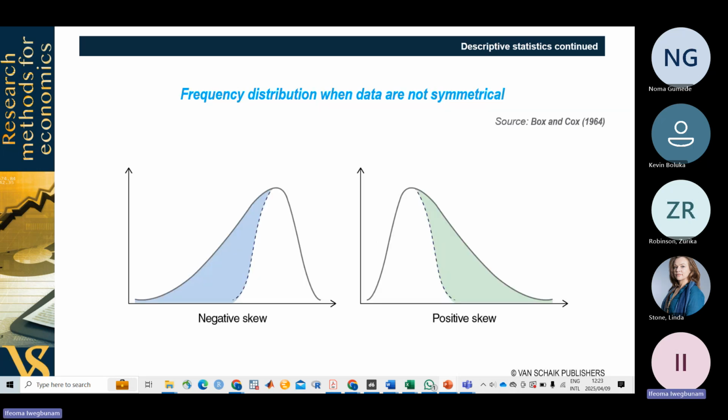Now, this is the frequency distribution again when it's skewed. It can be skewed negatively or positively, as the case may be. But when this kind of situation occurs, one can also take steps to normalize the data, to be able to carry on the research, as we will see further.